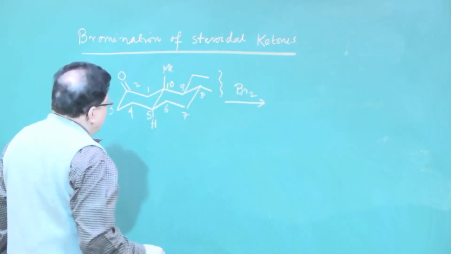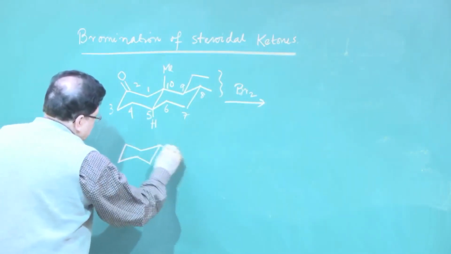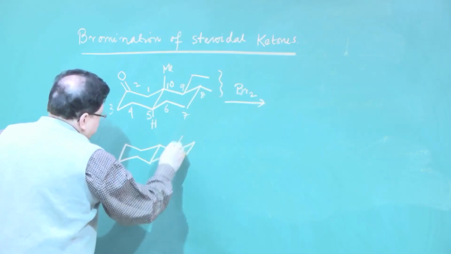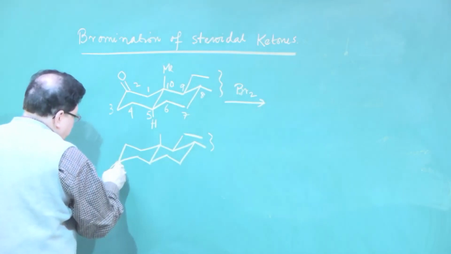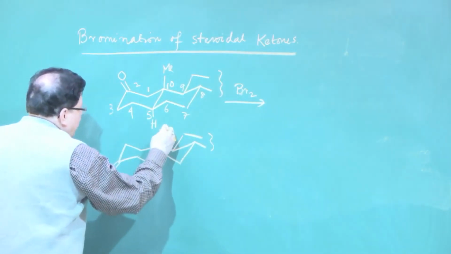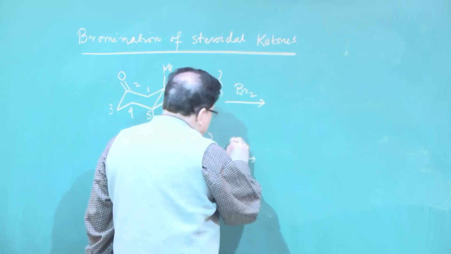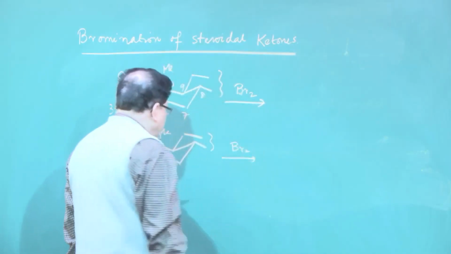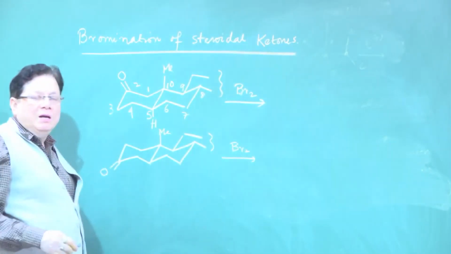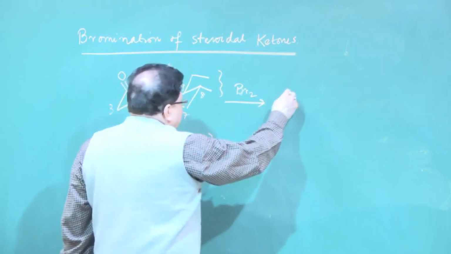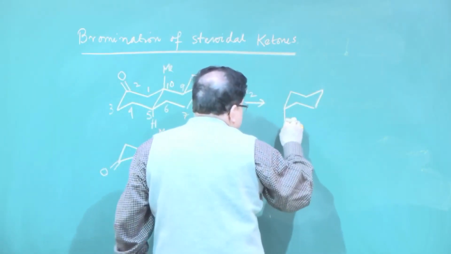The other molecule that we have is the 3-keto system. Okay. And it has been found that there is a perceptible difference in the bromination product. And what is the difference? That in case of the 2-keto steroid, the product that is formed is an axial bromine.